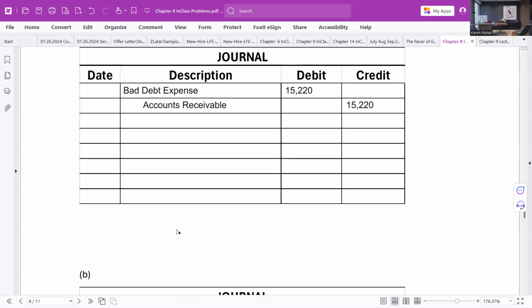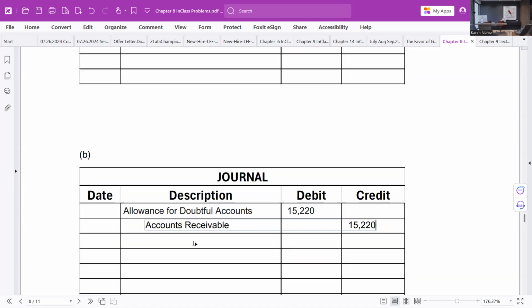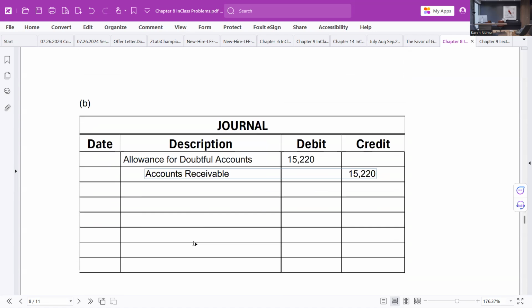So two options, right? If the company's using the direct write-off method, if it's a small company, they don't have a lot of accounts receivable, that's fine, they can do this. But for those larger companies that have a large amount of accounts receivable, they can't use the direct write-off method, which means they're going to be doing something like this.